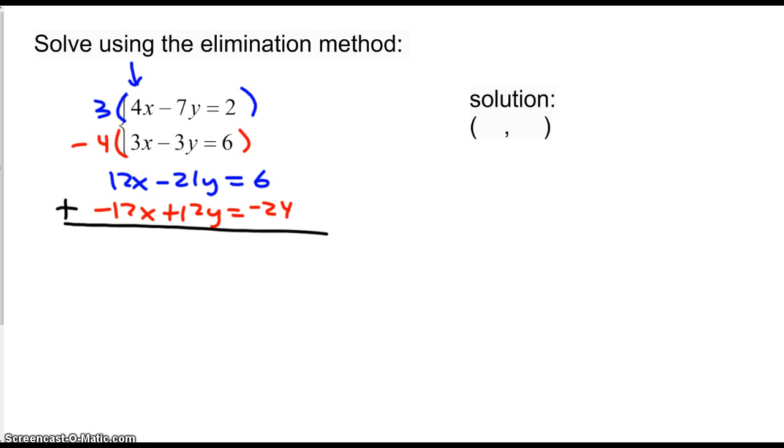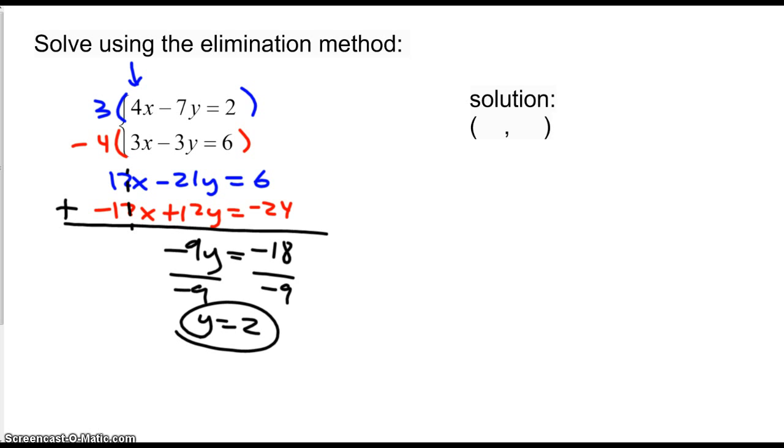And when I add, the x's would be eliminated. Then I'd have negative 9y equals negative 18, right? And then if I divide both sides by negative 9, I would have y equals 2. Whether you did the x's to cancel or the y's, you should still have in your final solution y is 2.